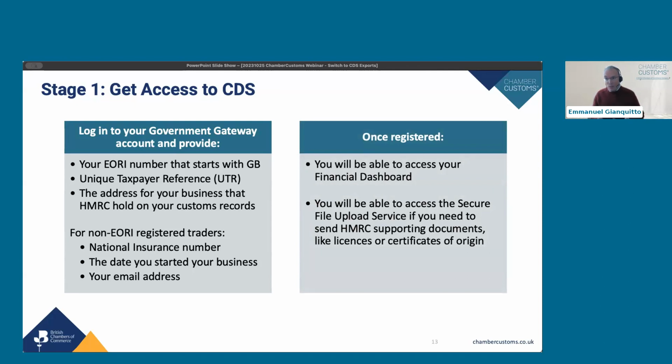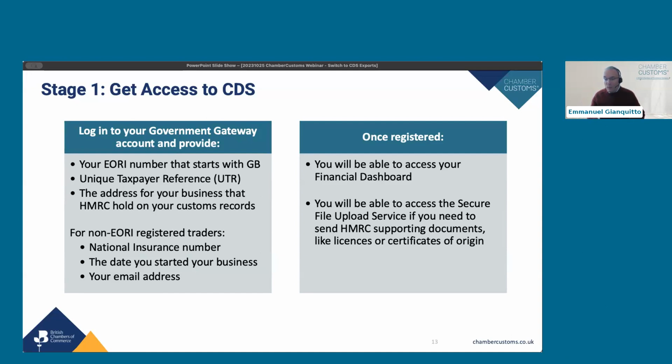So with CDS, we have a different way of handling messages from customs. So when you have a route 1, a route 2, when your goods are stopped for inspection, be that inspection documentary, physical, or post clearance, HMRC will ask you, or Border Force, or any of the agencies, they can ask you for information, and you can provide that information through a secure platform that you can access via your government gateway.